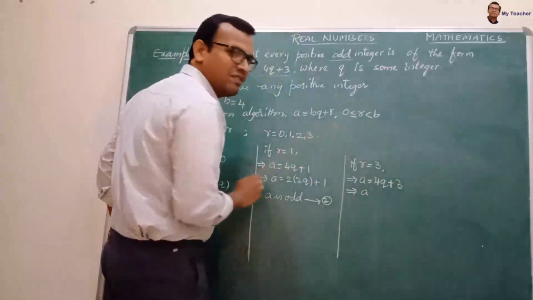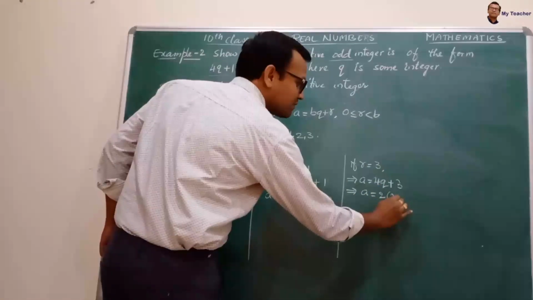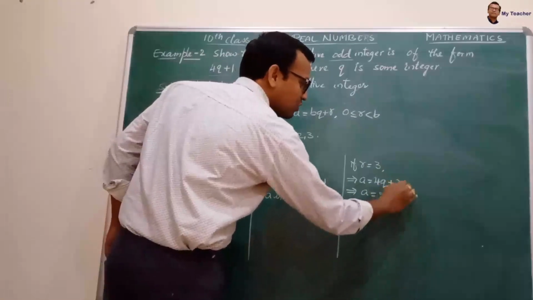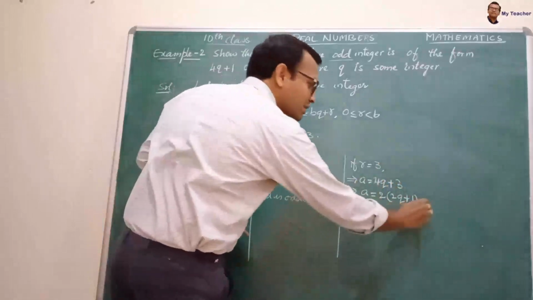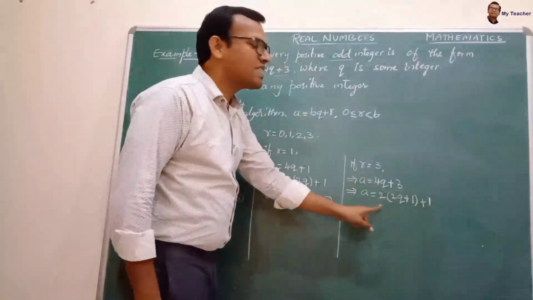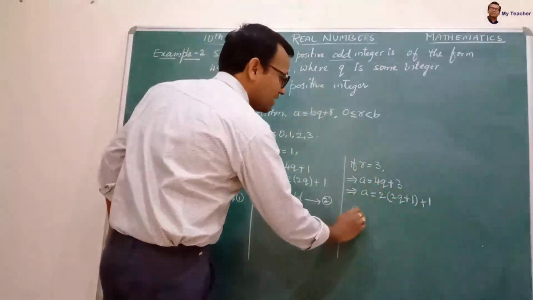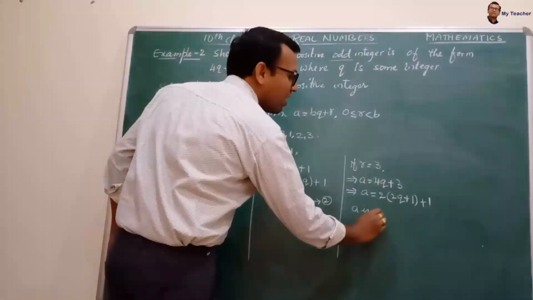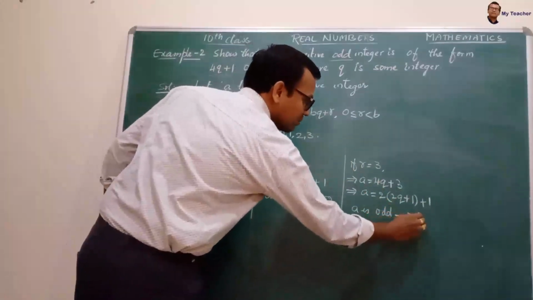Let's try to divide with 2. a is equal to, take 2 common. 2 2s are 4q plus 2 1s are 2, but 3 is there. 2 1s are 2, that means 1 is the remainder. See, since we are getting remainder 1 when it is divided by 2, it is an odd integer. a is odd, and this is equation number 3.